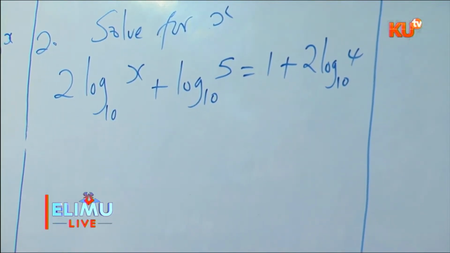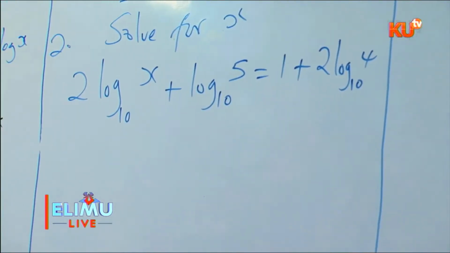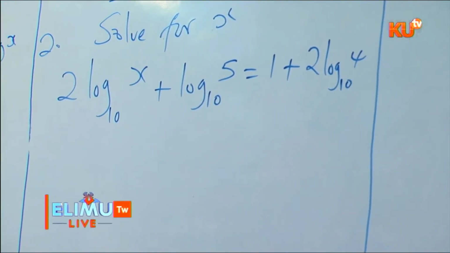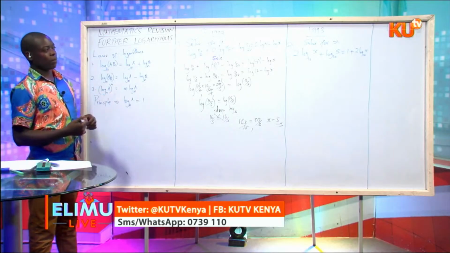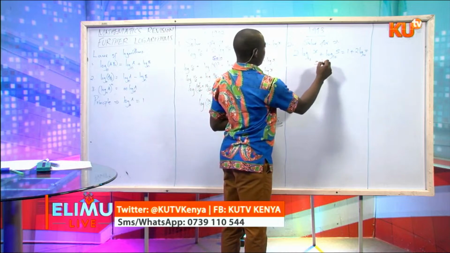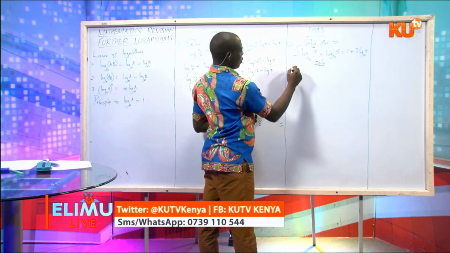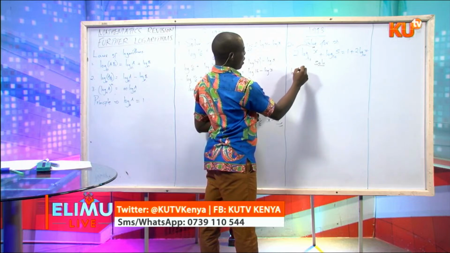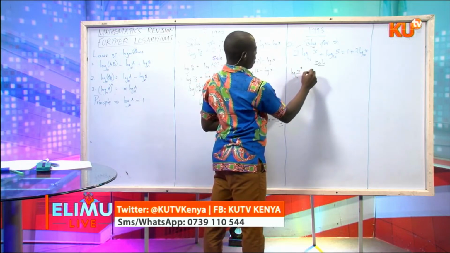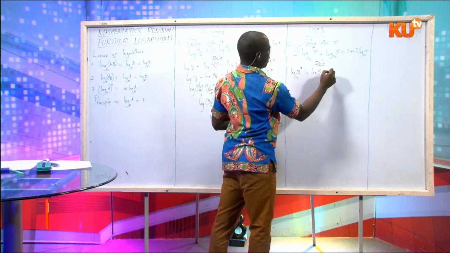Again, students, we apply the laws of logarithms as we've stated here. And in the first term, we start with the third law of logarithm. So the 2 becomes the power of x. So we have log x squared base 10 plus log 5 base 10.